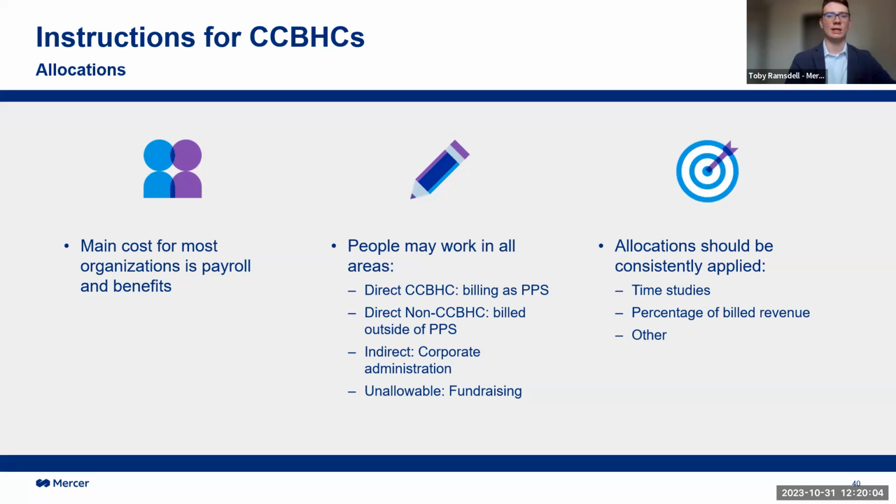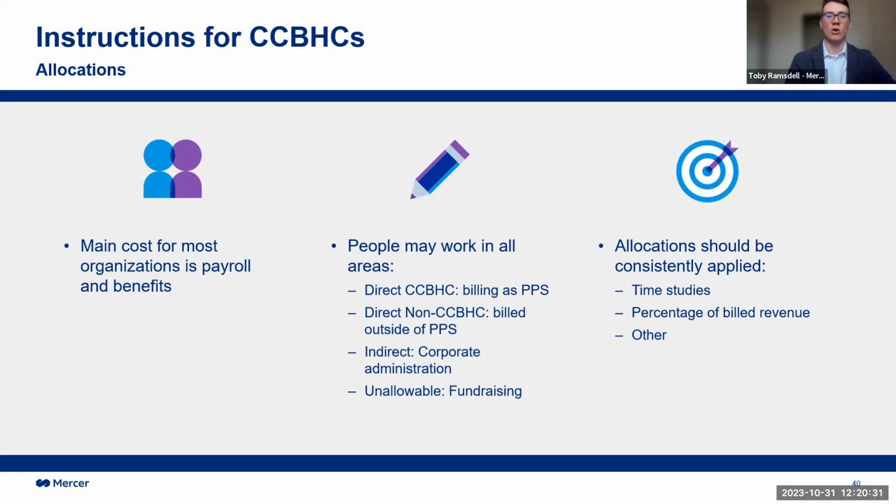So common allocations occur for payroll and benefits, because you may have personnel that work in each part of the CCBHC and through the business structure. So you may have providers that bill direct CCBHC costs, those that provide direct CCBHC services. They may also provide non-CCBHC services that are reimbursed in some other way.